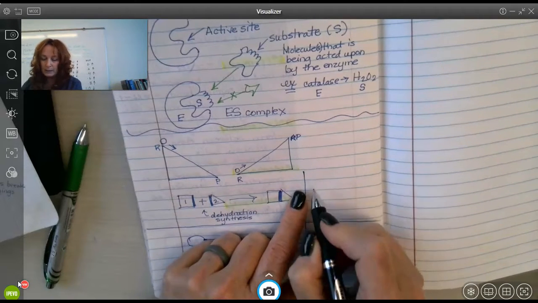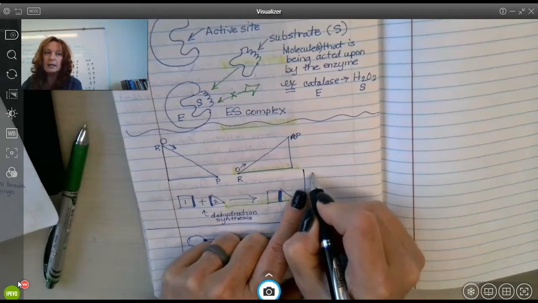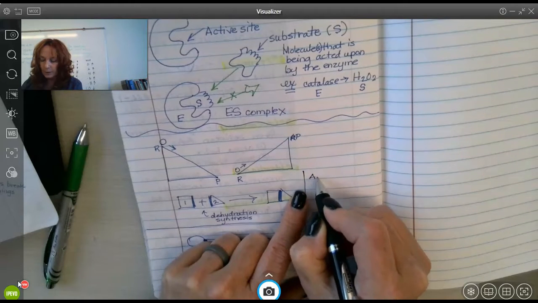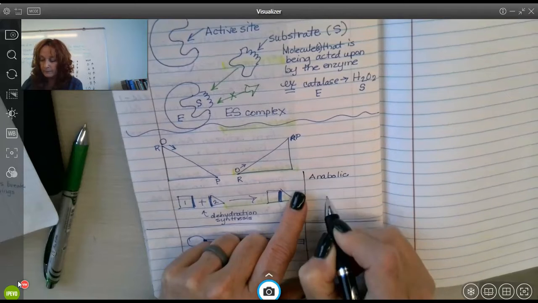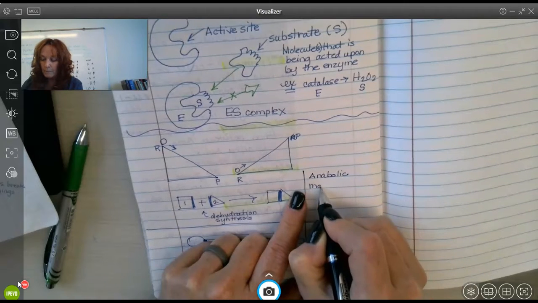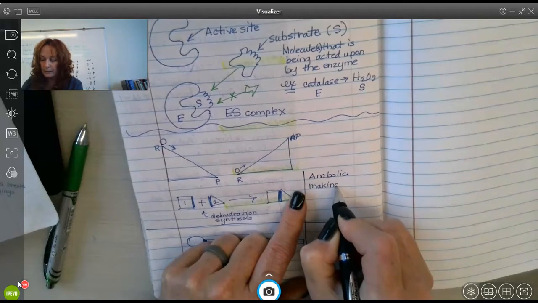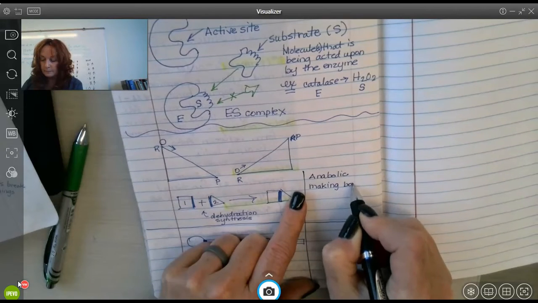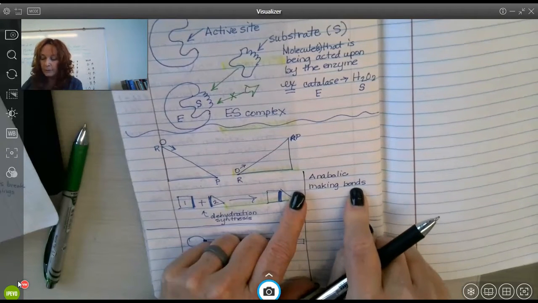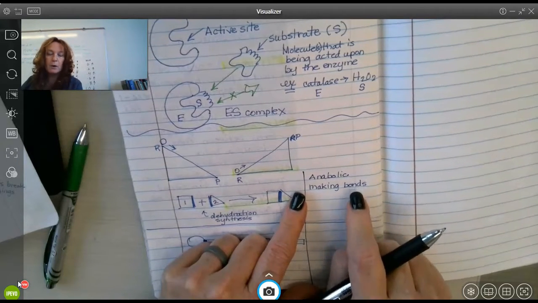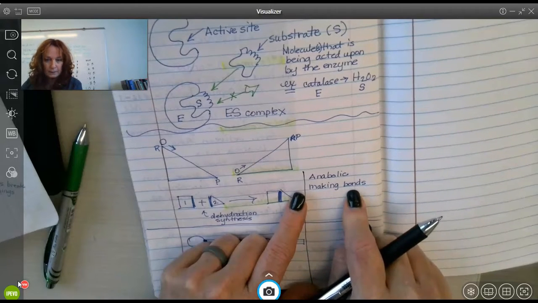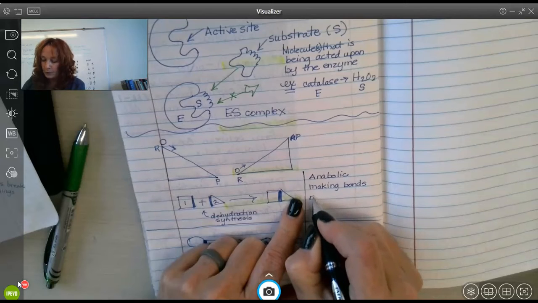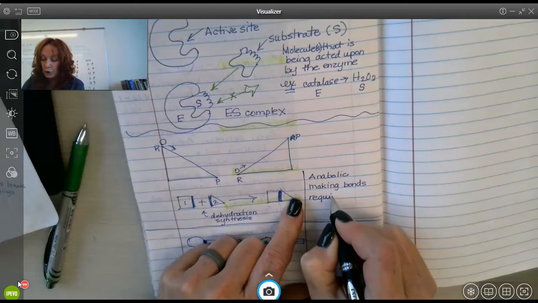Making bonds is called anabolism, so it's anabolic. Whenever you are making bonds, it's going to require bond energy, so you're going to have an energy source.